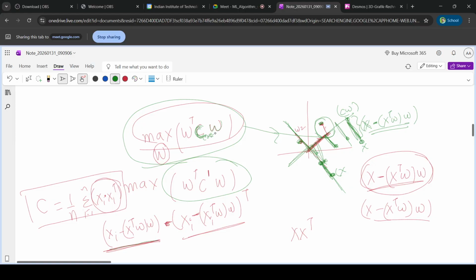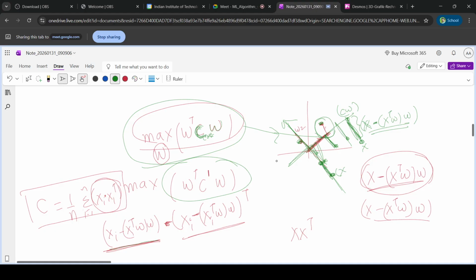With that covariance matrix you calculated the w, the value of w, which gives the max of w transpose cw. But you are also interested in this dimension, because errors are not the points which you want to discard, they also have some information, and you want that value also. So for that reason you are interested in the calculation of this error matrix.